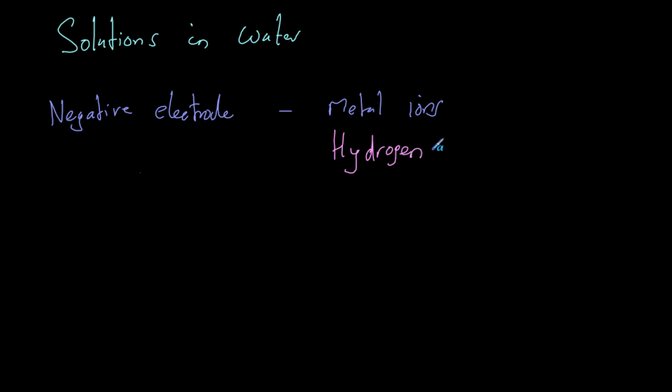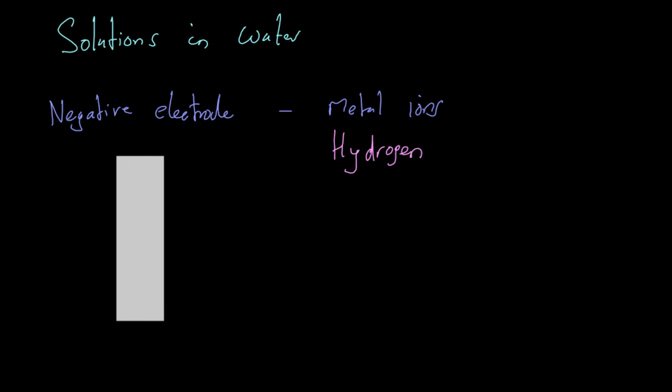And so how do we know which one is produced, either the metal or hydrogen? It comes down to reactivity. Let's say that we have this negative electrode, and we have H plus, and we also have sodium plus.